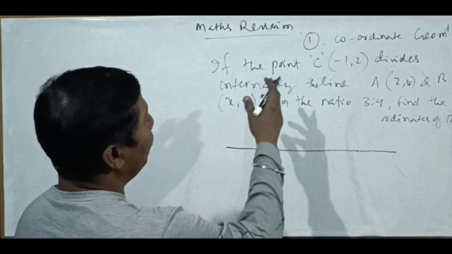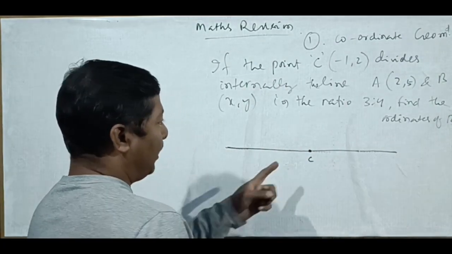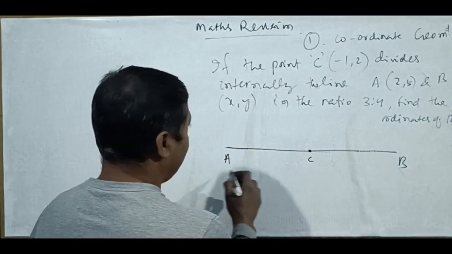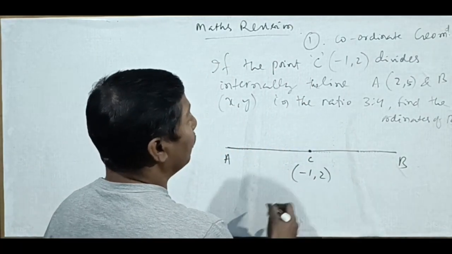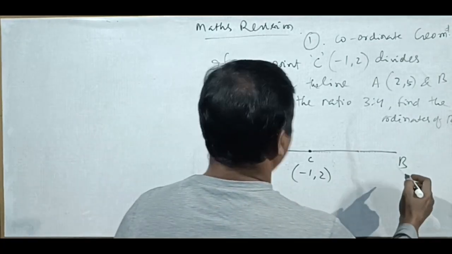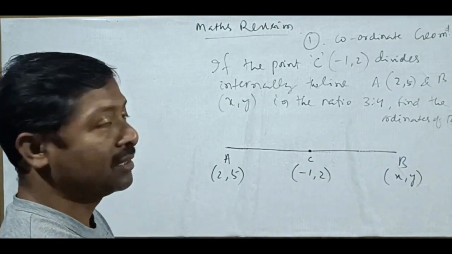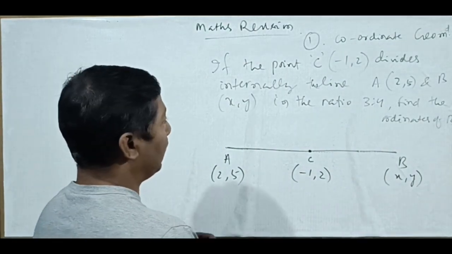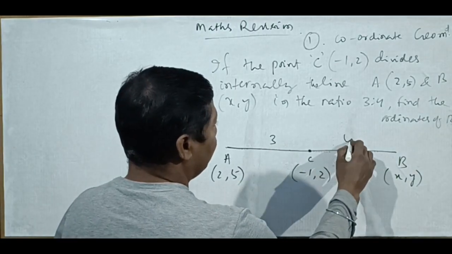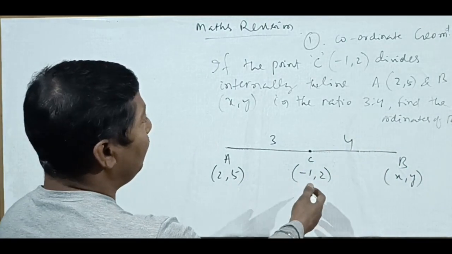If the point C divides internally the line segment AB, with C being -1, 2, A being 2, 5 and B being x, y, we have to calculate the ordinates of B, that means x and y, in the ratio 3:4.